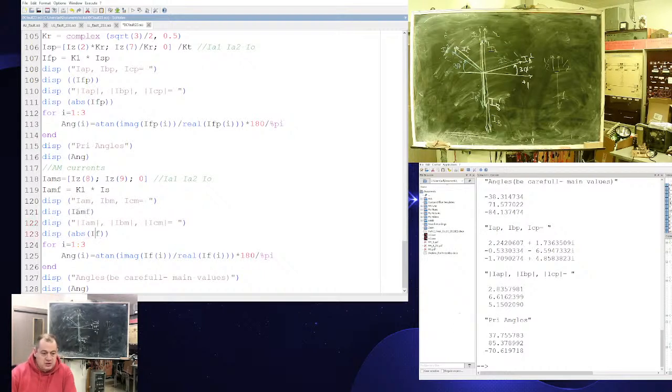Asynchronous machines. See how easy it is.